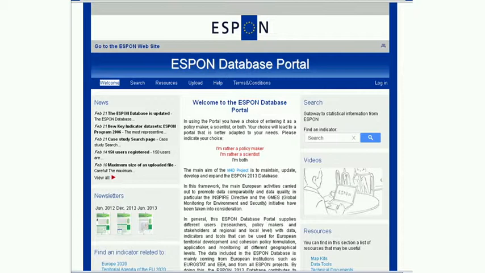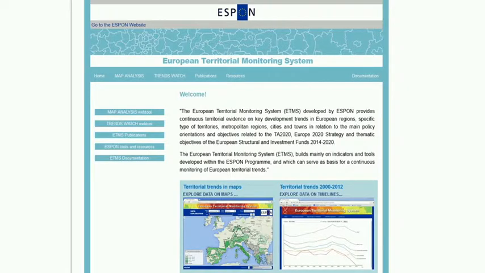Some examples most of you know is the database. We've had two versions of that. M4D is the latest one, and we now have a huge set of data and indicators that can be used, and the tool is trying to help you be innovative in the way you can apply these different data.